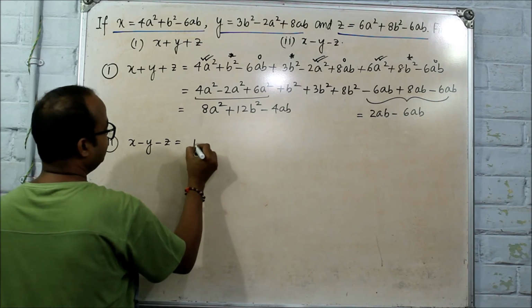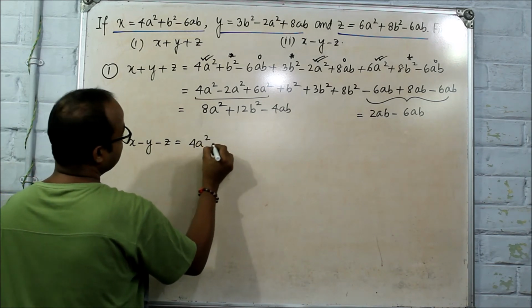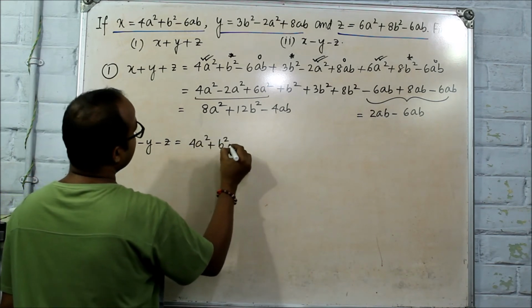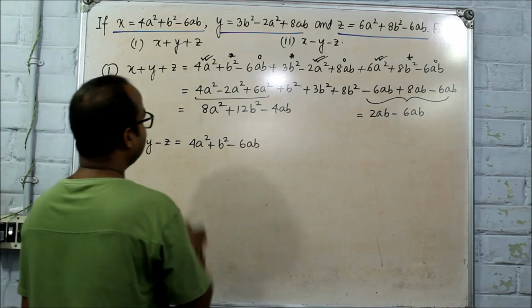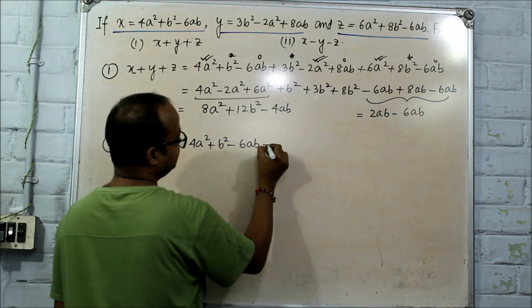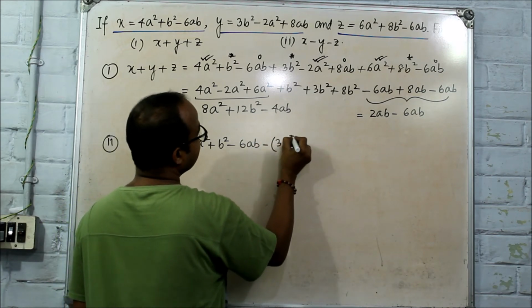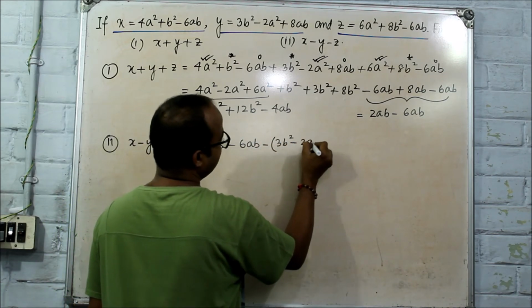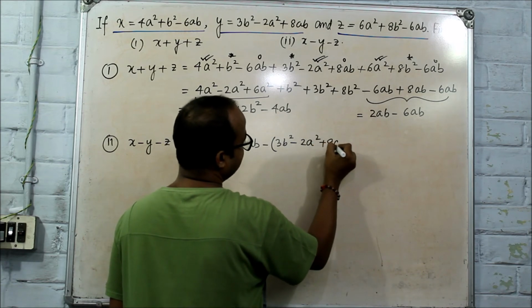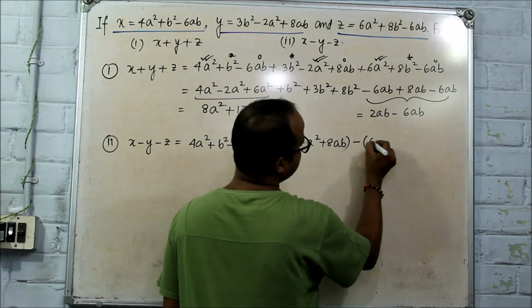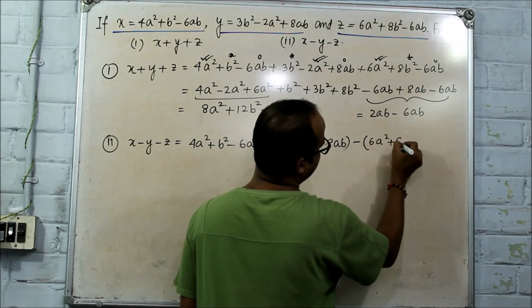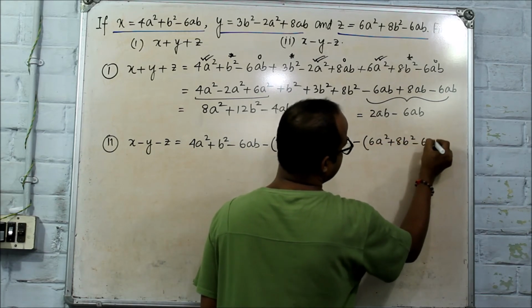So 4a square plus b square minus 6ab, minus y, that is minus 3b square minus 2a square plus 8ab, minus z, that is minus 6a square plus 8b square minus 6ab.